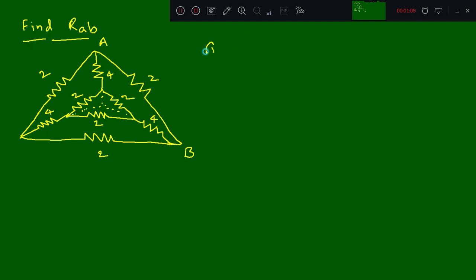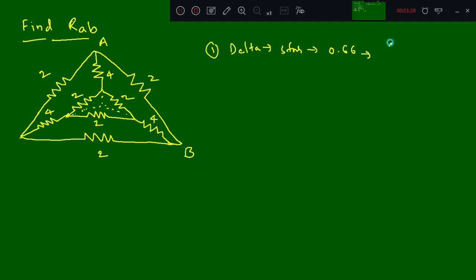First, delta to star. This will give all resistors as 0.66 or 6. This conversion you know how to do.